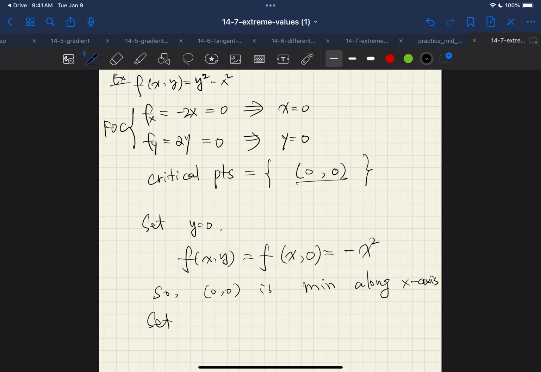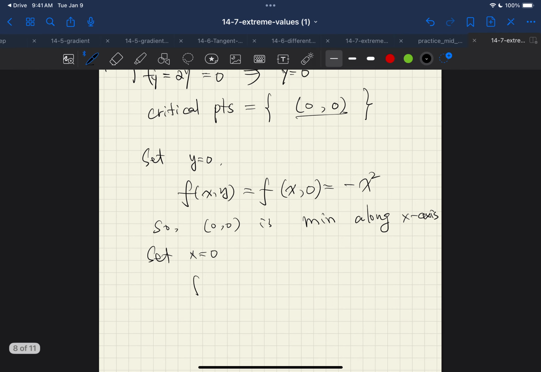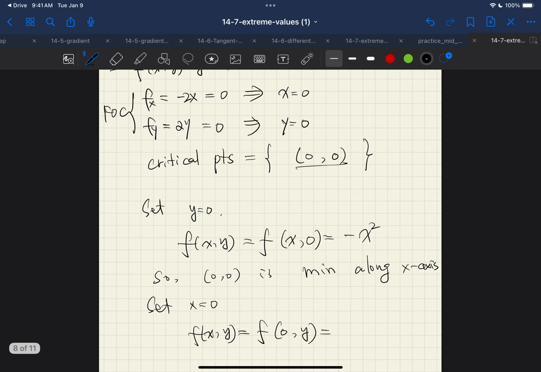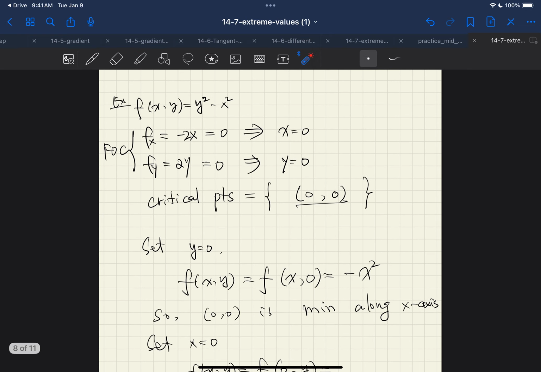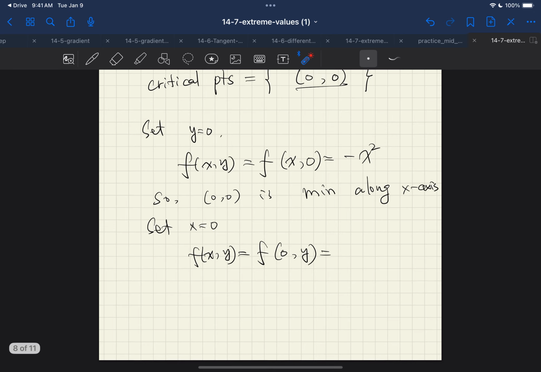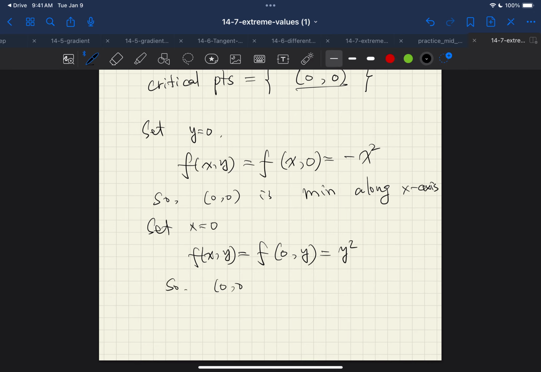And if we set x equals 0, then f(x,y) becomes f(0,y), and we change y and see along this y-axis what the function looks like. It is y squared, because the x term is 0. So we have to correct this: this is a maximum along the x-axis, and this is a minimum along the y-axis.